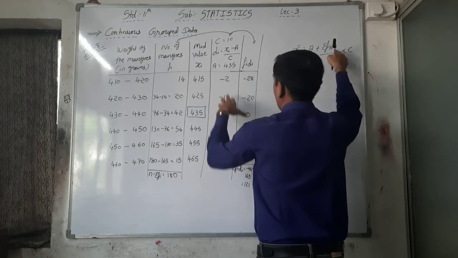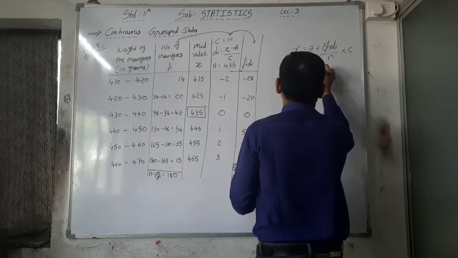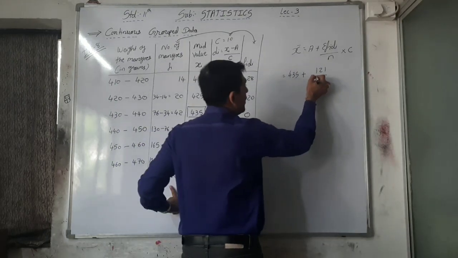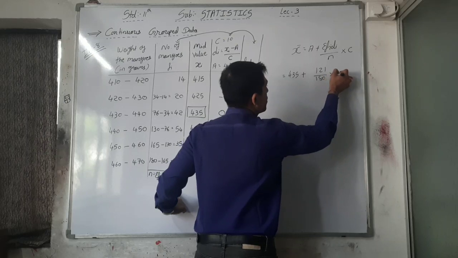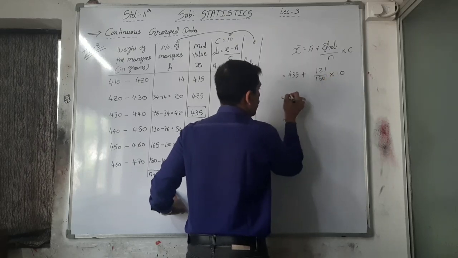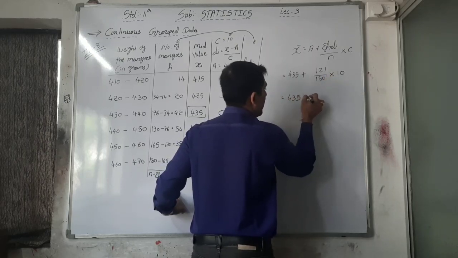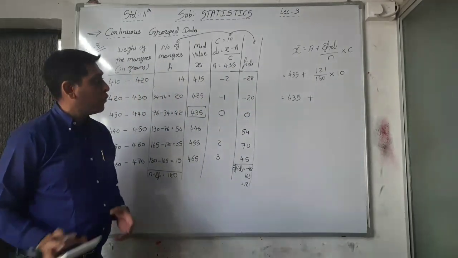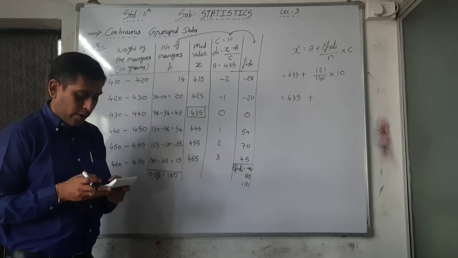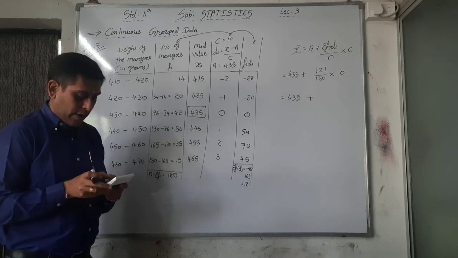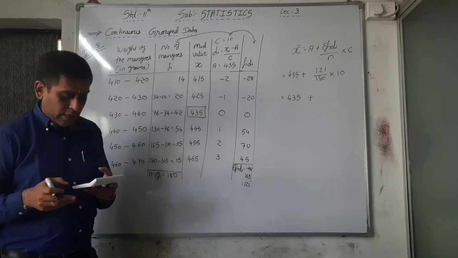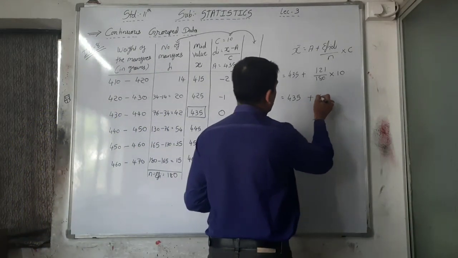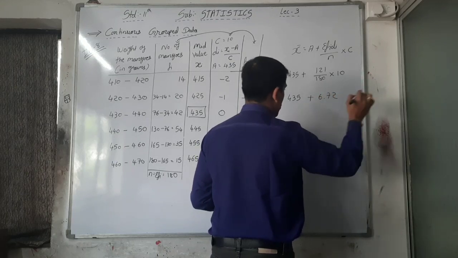What is your sigma fi di? It is equal to 121. What is your n? That is 180. And what is your c? That is 10. So first of all, you have to simplify 435 plus 121 into 10 divided by 180, that is 6.72222.